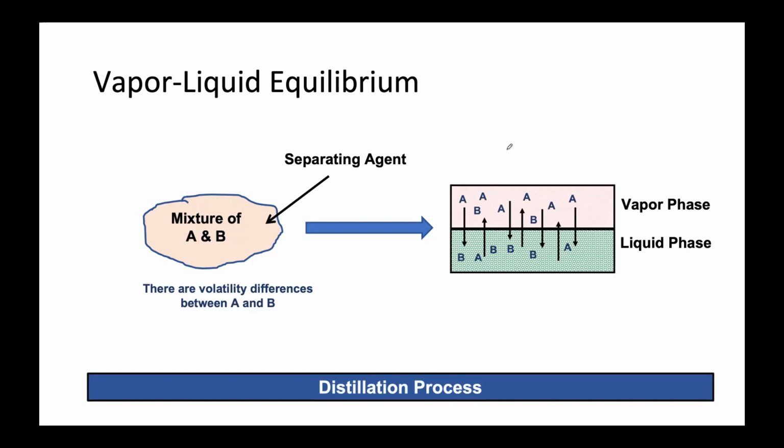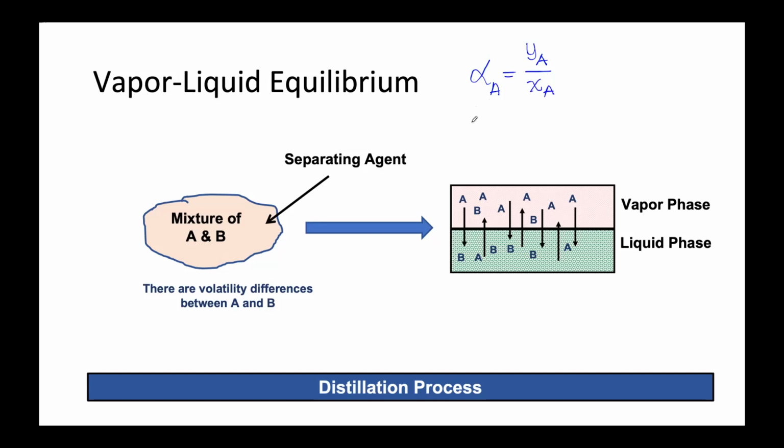If, for example, we have a feed in a liquid state and we heat it up, there's a volatility difference between A and B. Volatility, or alpha, is the ratio of the mole fraction of A in the vapor phase divided by the mole fraction of A in the liquid phase.